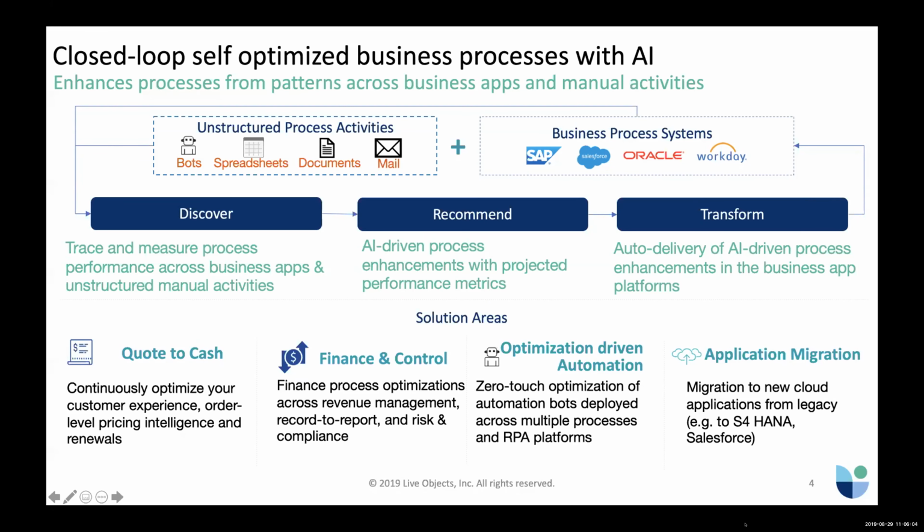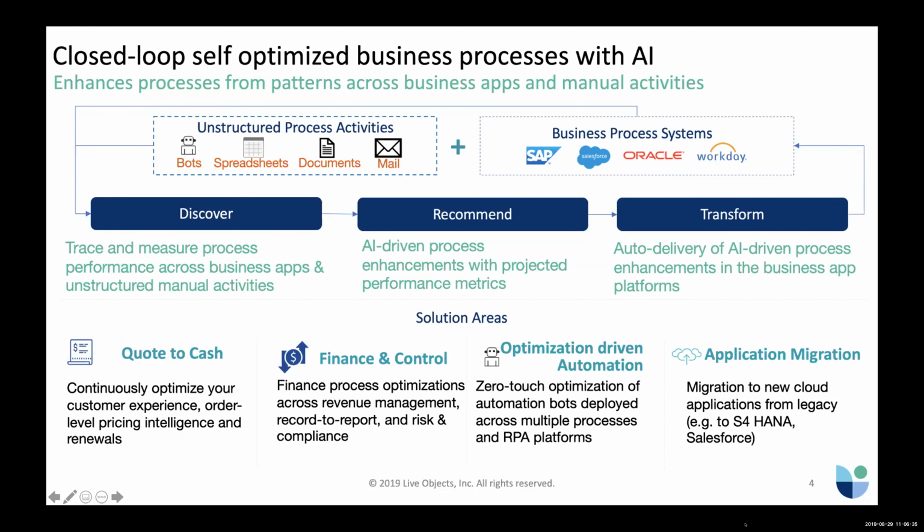So LiveObjects is one of the first closed-loop self-optimizing business process applications that uses AI and machine learning algorithms to tell business users what their existing process is, what typical bottlenecks they are facing in their process, and how they can optimize it. Now, once they optimize it, they can again rediscover their process to see what further opportunities there are for optimizing their business process.